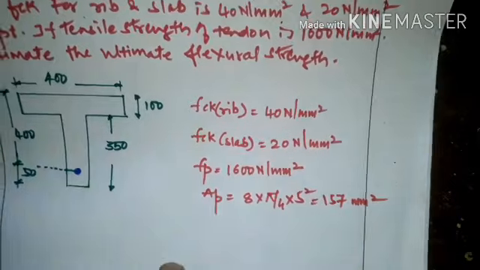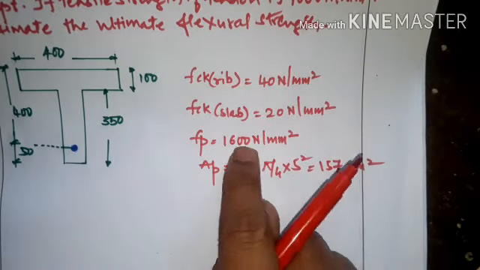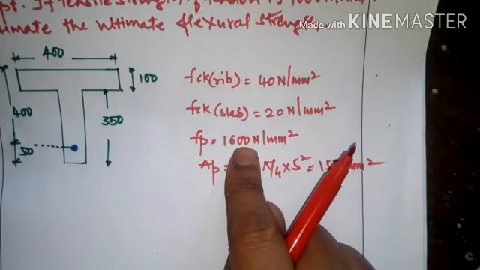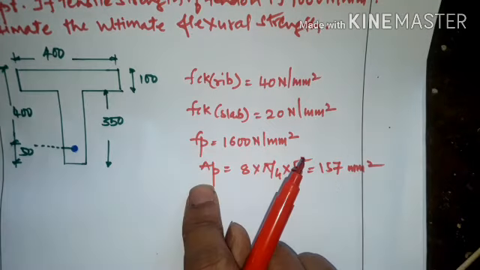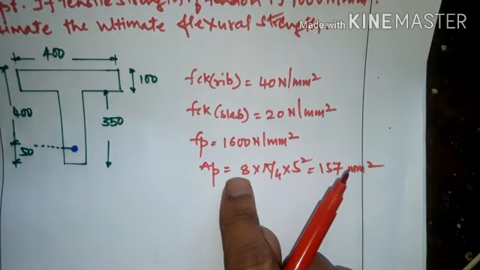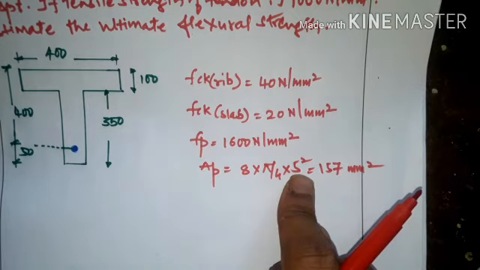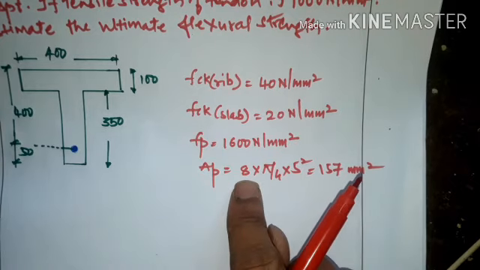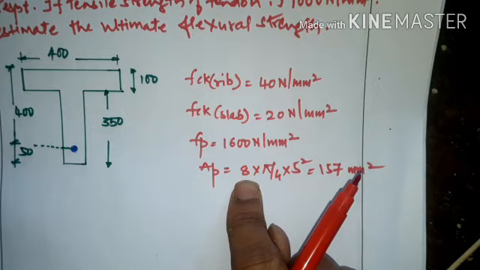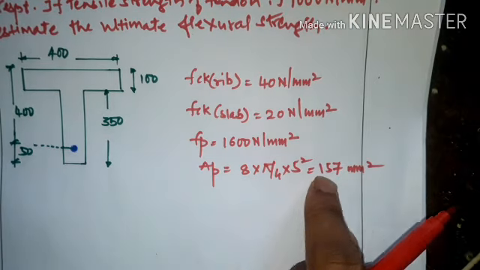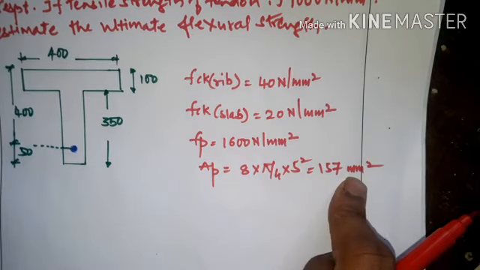After that, FP is given as 1600 Newton per mm square, and for the area of pre-stressing, they have given 8 wires of 5 mm dia in the cable, so we get 157 mm square as area of pre-stress.